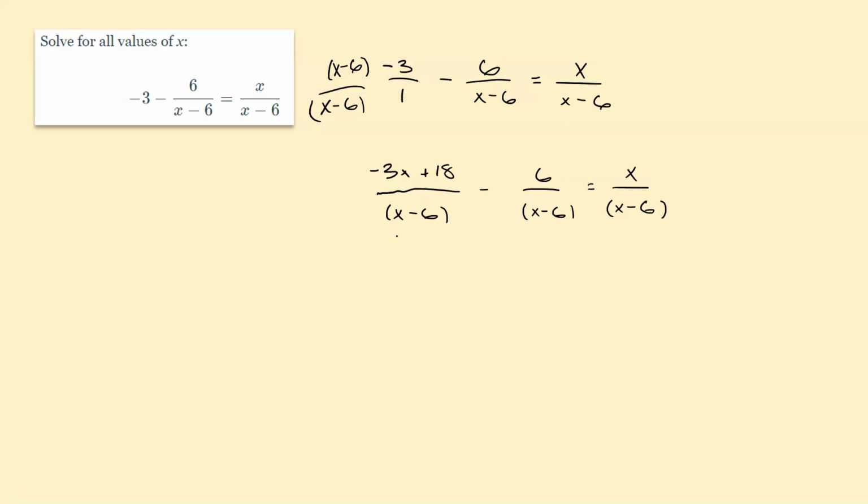So now from here, since we have a common denominator, we can go ahead and combine the left side into one fraction. Minus 6.